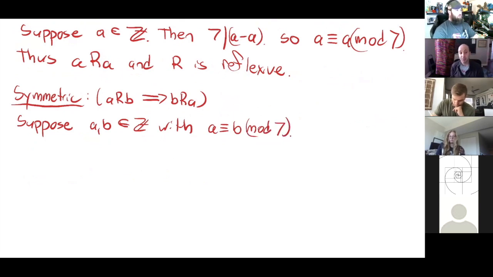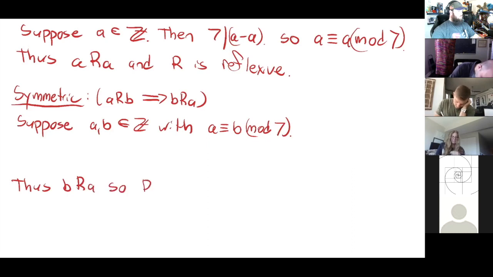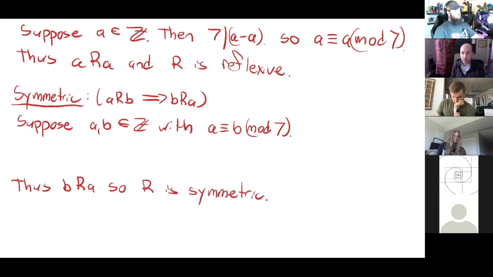So that assumption is, okay, we've got two integers A and B that are related by this mod 7 relation. And again, we're hoping to show that when we flip the order around, they're still related.